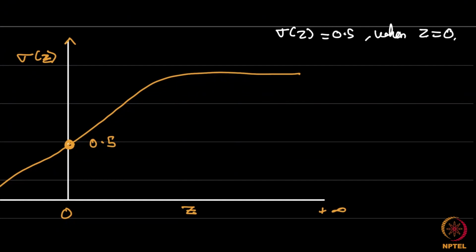Okay. So when z equal to 0, sigmoid equal to 0.5. So z equal to 0 is the classification boundary or classification line. This is true both in one feature, two feature, or in multiple features, as we will see shortly. So z equal to 0 is the classification line.